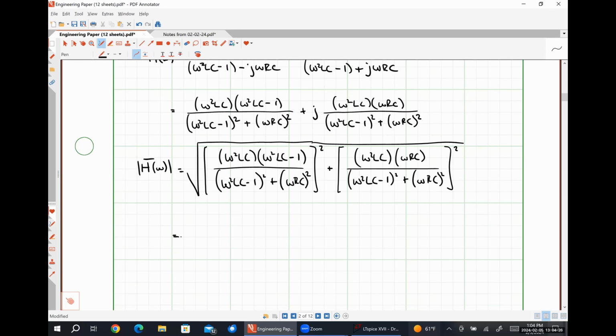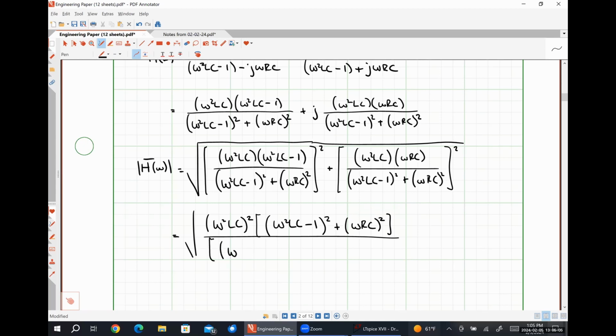And this looked like omega squared LC quantity squared times omega squared LC minus 1 squared plus omega RC squared, divided by omega squared LC minus 1 squared plus omega RC squared, square that whole thing.